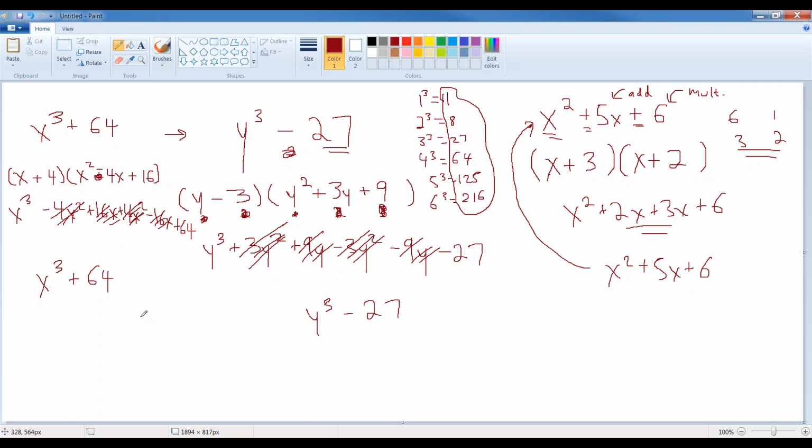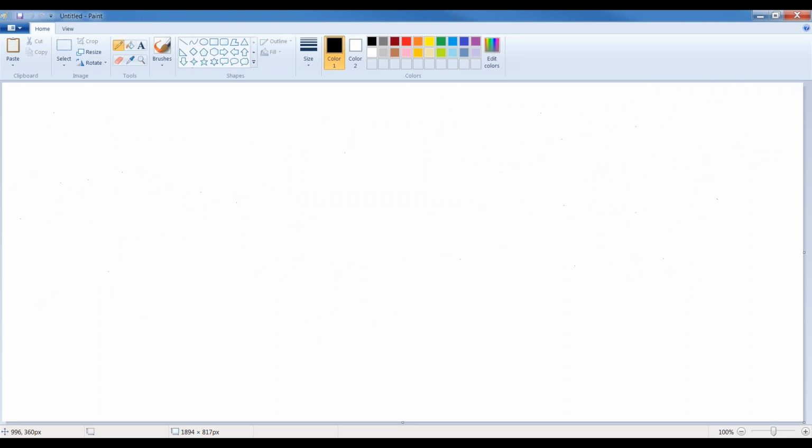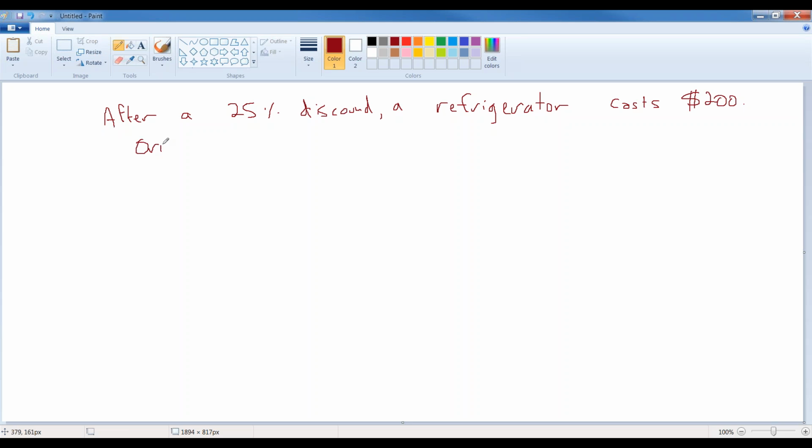Okay. I'm going to do another relatively simple question that some people struggle with. Let's say I tell you that after a 25% discount, a refrigerator costs $200, and then I ask you for the original price.